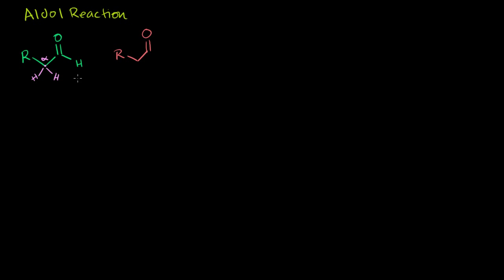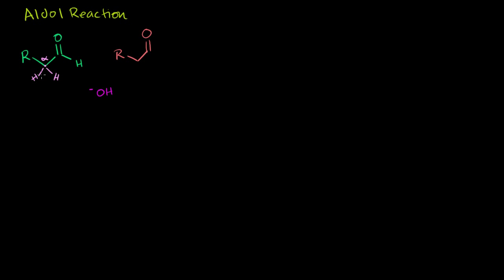Now, the aldol reaction I'll show you will be in a basic environment. So you can imagine that it'll be catalyzed by a base. And so imagine we have some hydroxide laying around, some of the hydroxide anion. Let's say we have some hydroxide anion floating around, negative charge, just like that. I just told you that these hydrogens, these alpha hydrogens, are much more acidic than hydrogens anywhere else on a carbon chain.